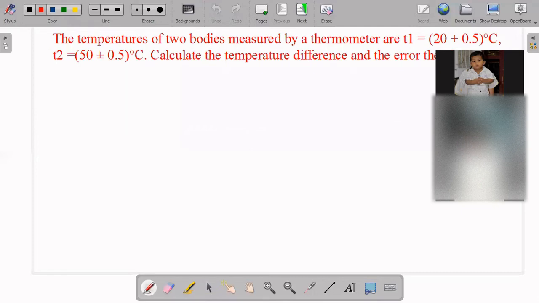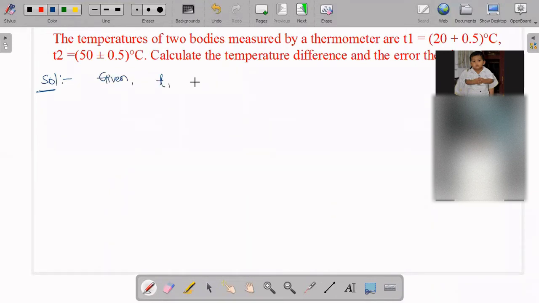In the given question, we are given two temperature values, including the error in the measurement. So let me write the given values first. Two temperatures are given, including their measurement errors.